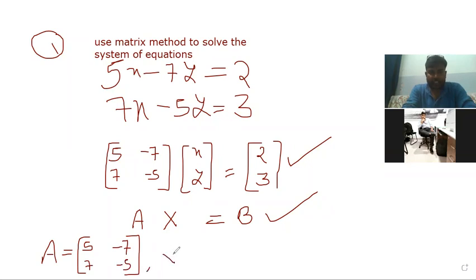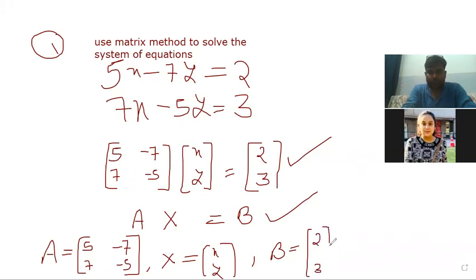Capital X will be x, y, and B will be 2, 3.